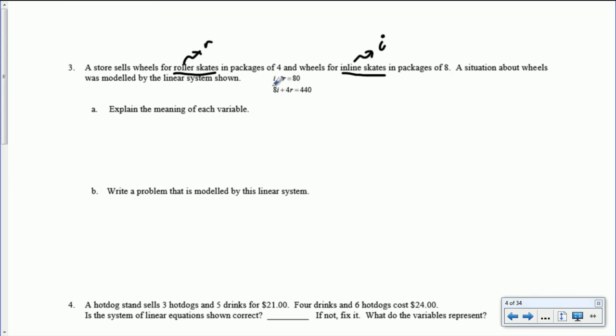And notice it's 8 times i, so 8 is kind of linked to that number, and 4 is linked to that number. So it looks like we've got some kind of connection there. So i is the number of packages of inline skates, and r is packages of roller skates.